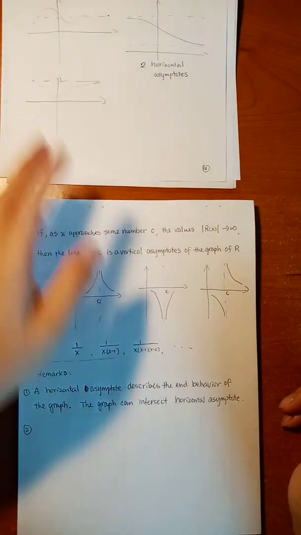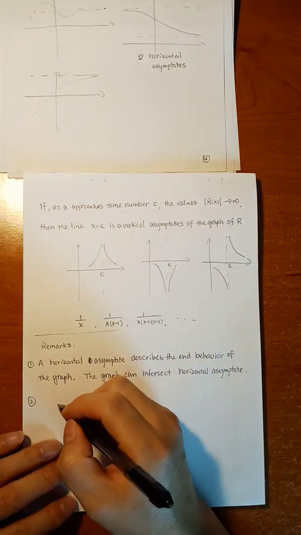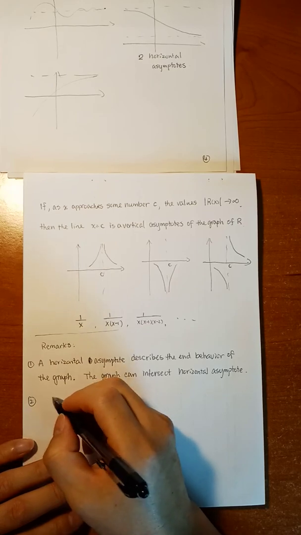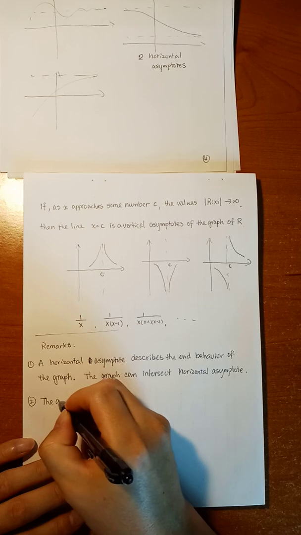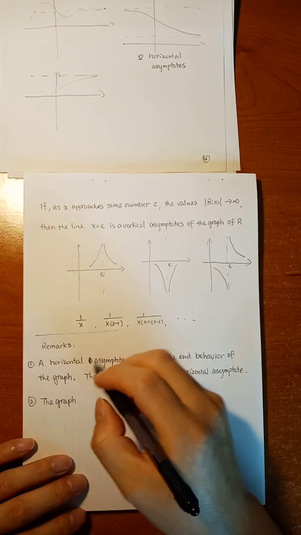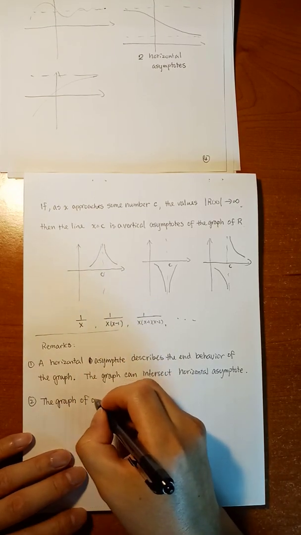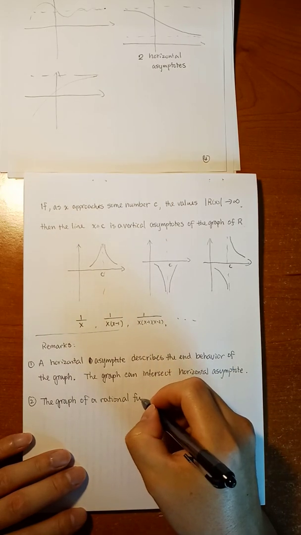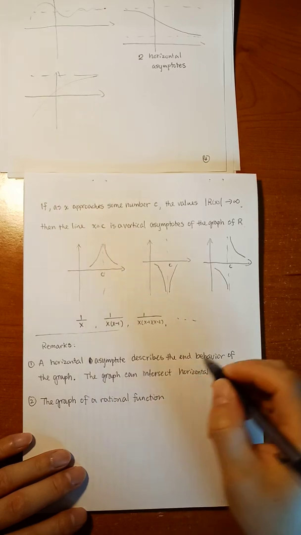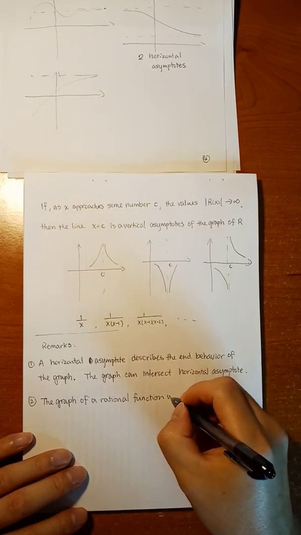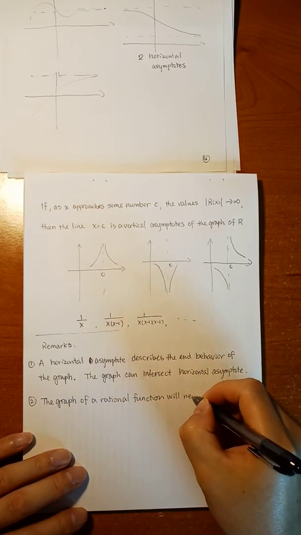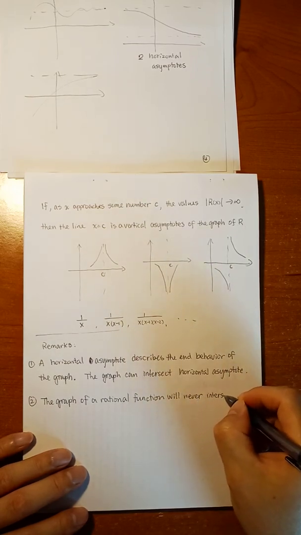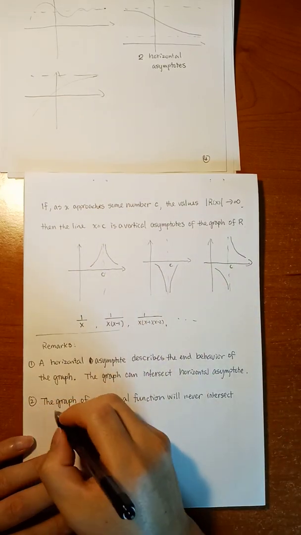For the rational function, we only say rational function, so the graph of a rational function will never intersect a vertical asymptote.